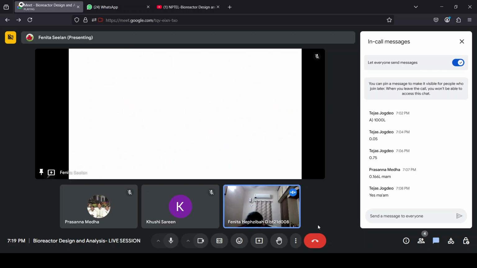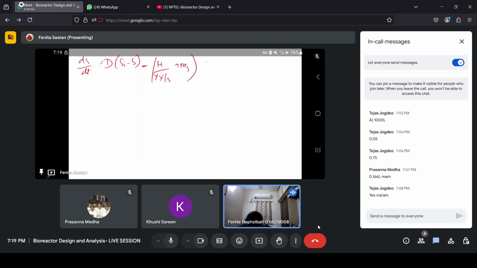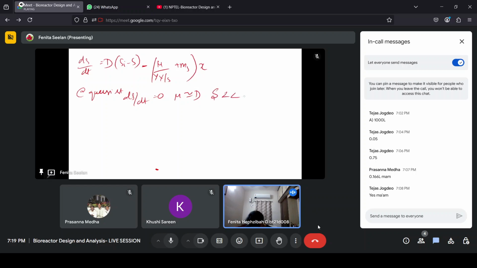So dS/dt is equal to D(Si minus S) minus mu/Y plus ms, the maintenance, into X. We know that at quasi steady state, dS/dt will become 0 and mu is approximately D and the substrate is less than the initial substrate.